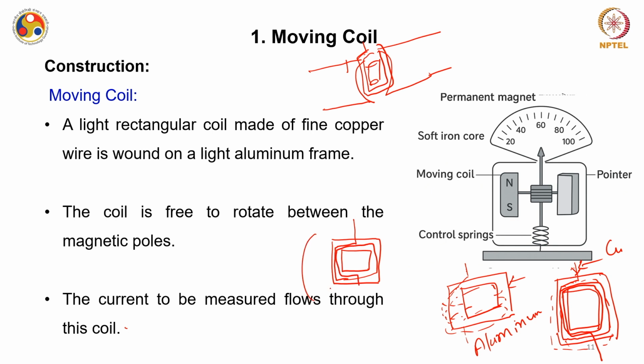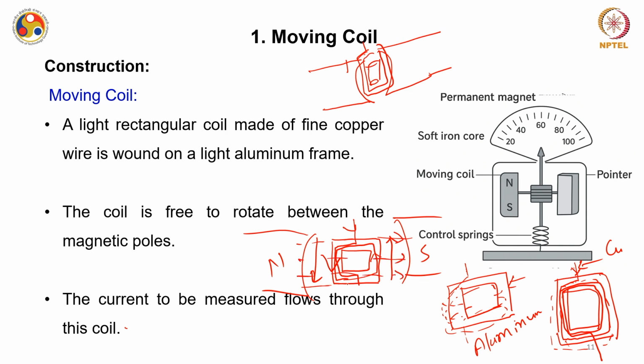placed in this field. What happens is you have current flowing like this in this wire downward, and you have current flowing upward in this wire. As usual, you have the magnetic lines of force from this north pole to south pole, these flux lines.